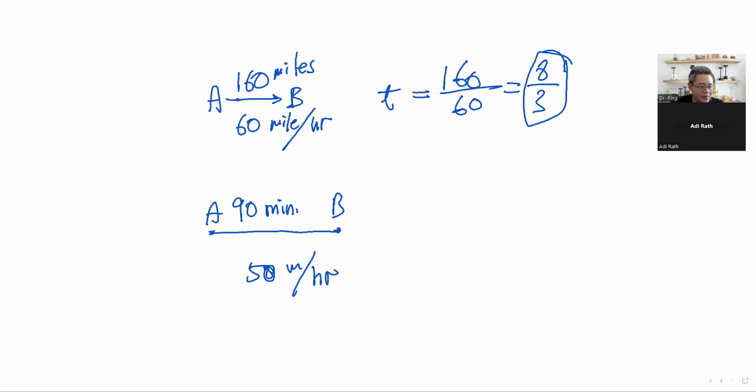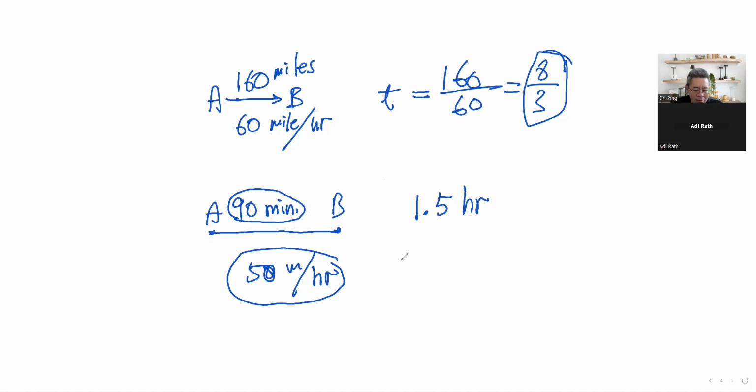Well, make sure the unit is, the unit is very important. Here, we're doing miles per hour, but this is minutes. So in order for us to multiply, we have to make sure the units are the same. So we have to convert 90 minutes to hours, which is 1.5 hours.